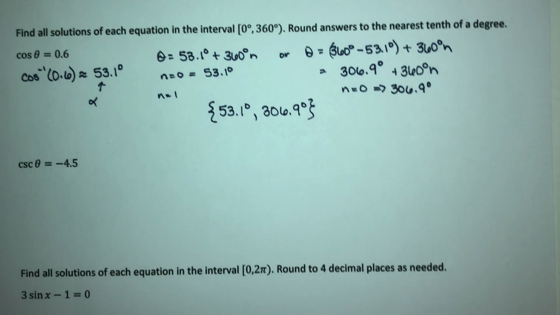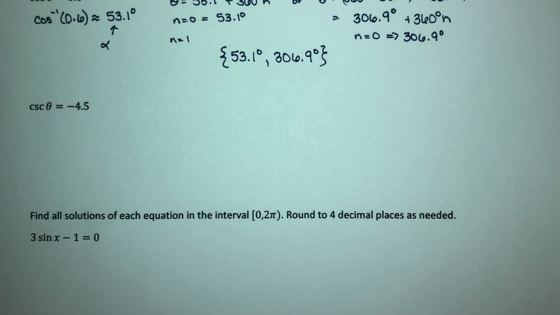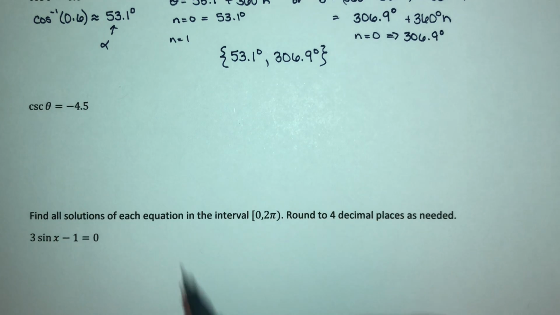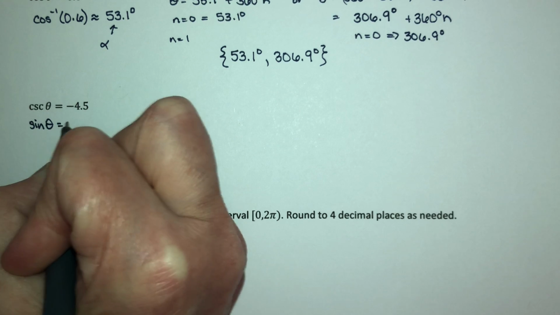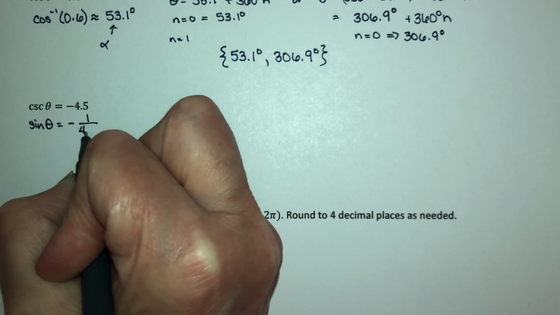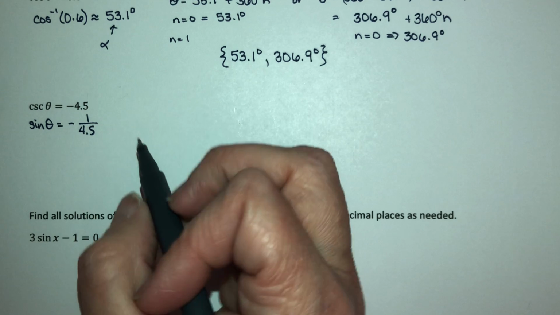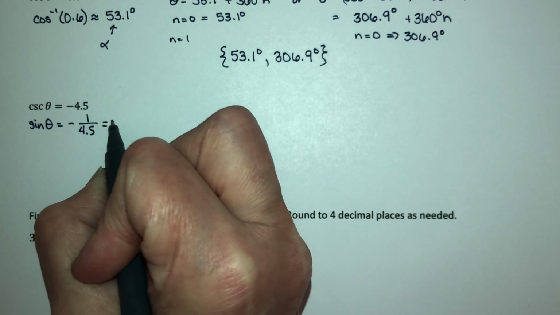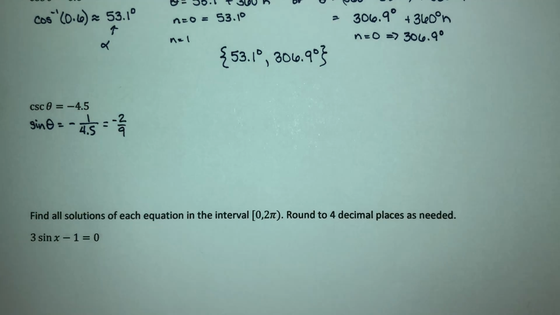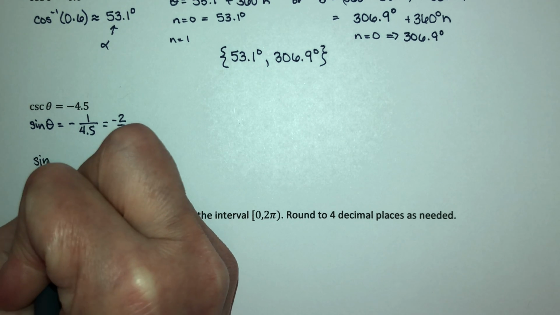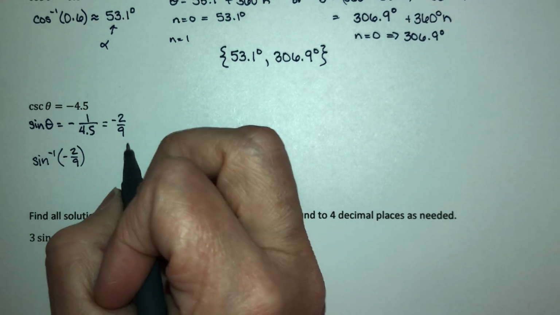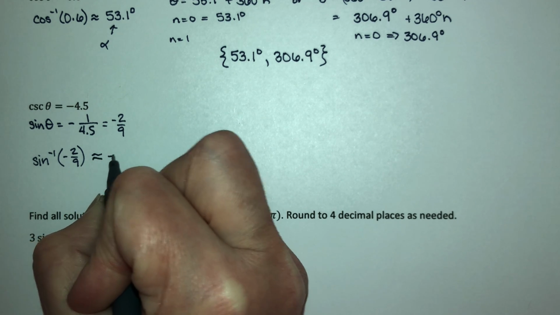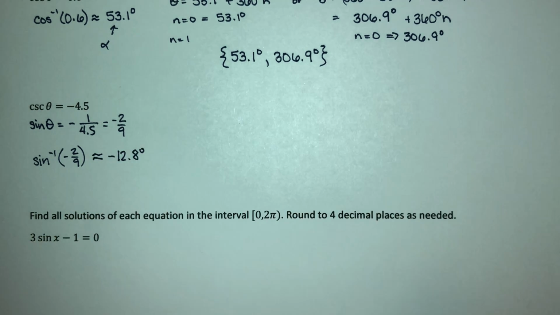Okay, so let's work. Cosecant of theta is equal to negative 4.5. This means that sine of theta is equal to negative 1 over 4.5, and that is negative 2/9. Okay, now sine inverse of negative 2/9 is approximately negative 12.8 degrees.